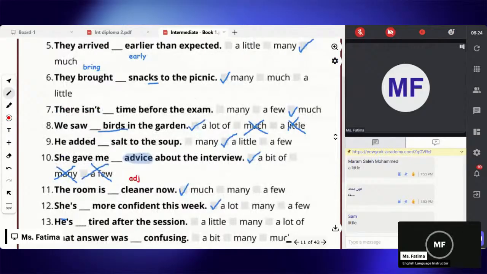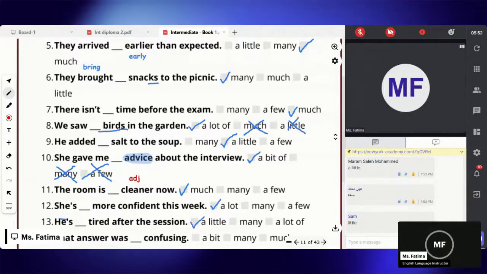Yes. Excellent. So we say he's a little tired, as tired describes how he is. It's not a noun, right? It's not countable or uncountable. And so we're going to use a little.